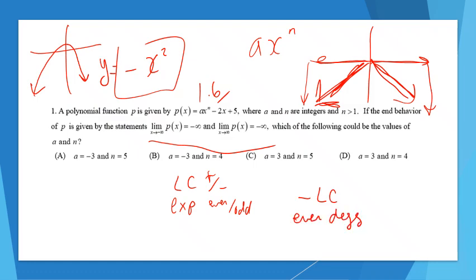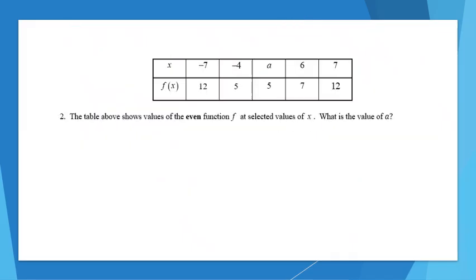So we want a of n to be a negative number, in which case this should be not positive 3, but negative 3. So we can eliminate C and D. And then we also want n, our exponent, to be an even number. So n should not be 5, n should be 4. So B should be our correct answer there.